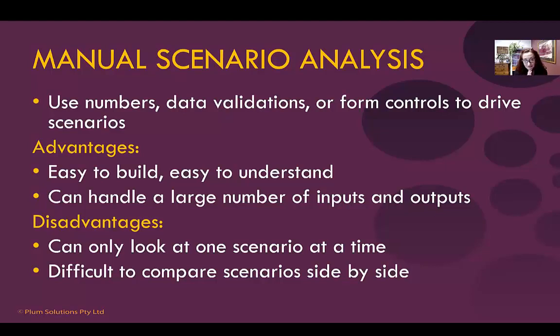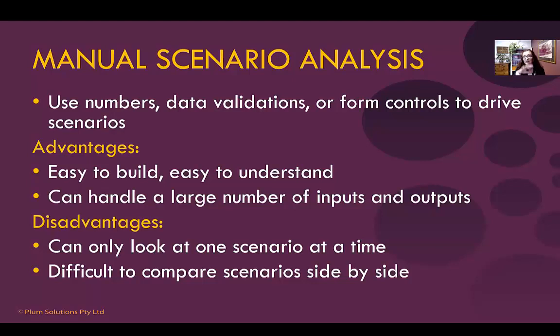Now, the advantage of doing it like that is that it's really easy to build, it's really easy to understand, and it can handle a large number of inputs and outputs, which is great. But the problem is that you can only look at one scenario at a time, which makes it really hard to compare side by side.